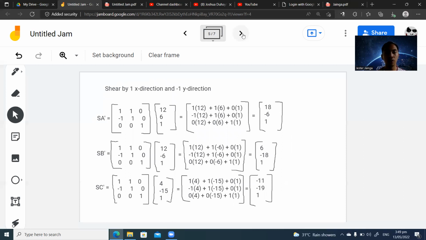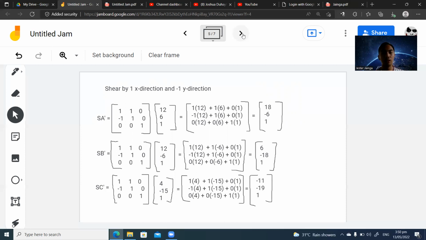So for the sheared point A, we multiply the shear matrix 1, 1, 0, -1, 1, 0, and 0, 0, 1 by the new value created, 12, 6.